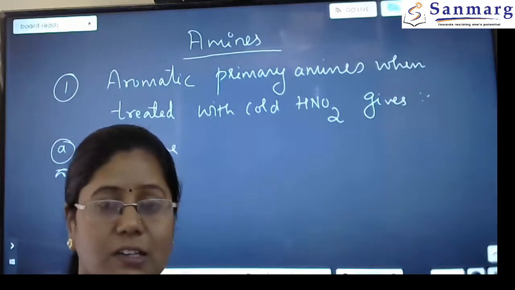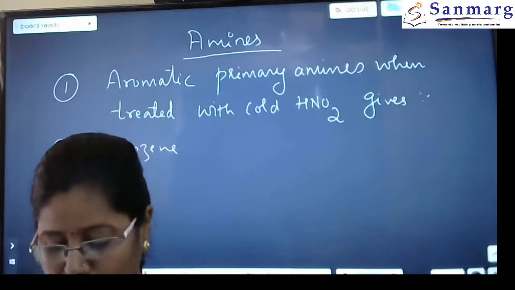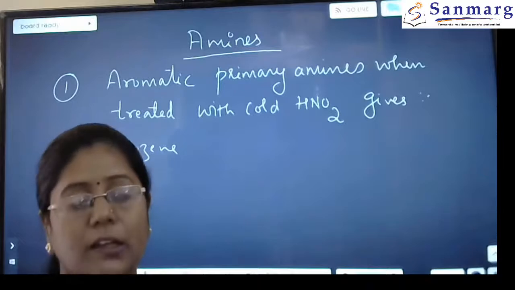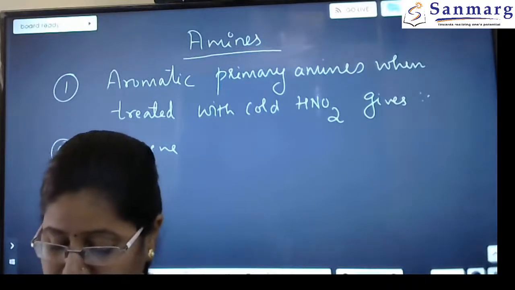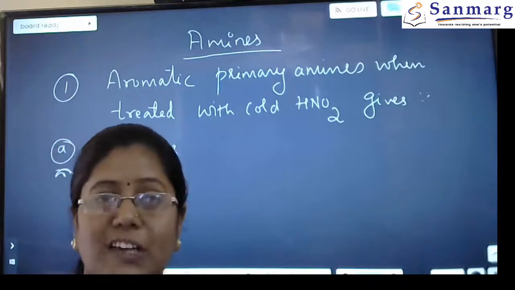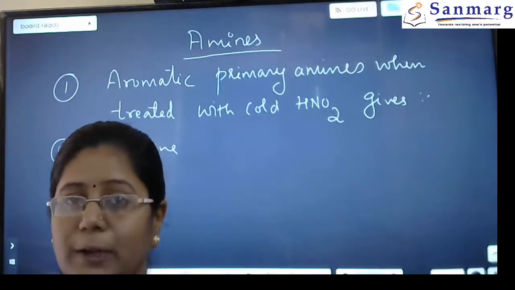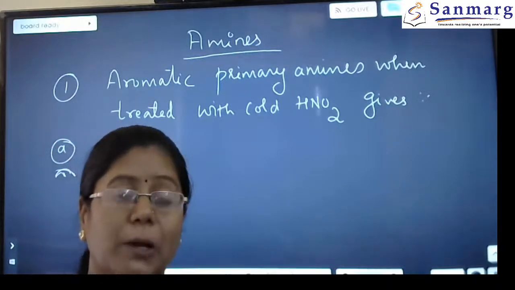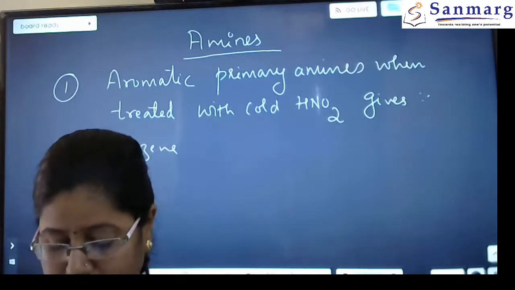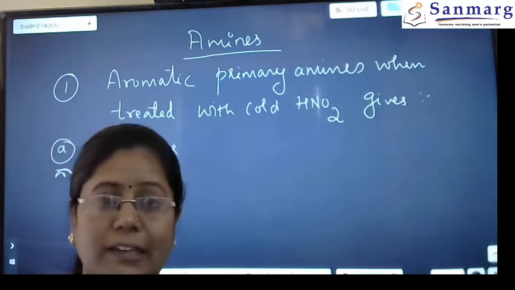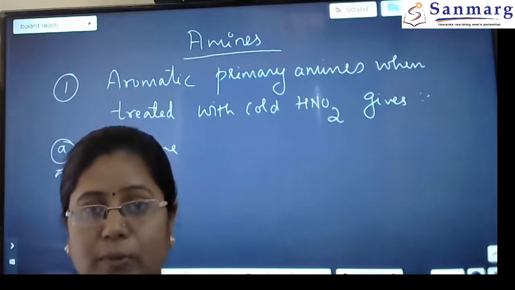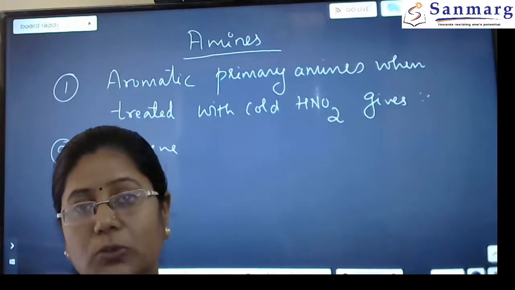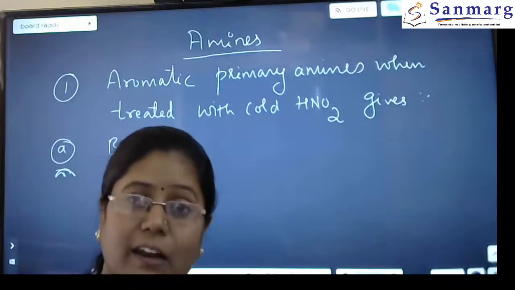Chloroform is CHCl3. When heated, the primary amine gets converted to the respective isocyanide, which has an N triple bond C group. Isocyanides are also called isonitriles.